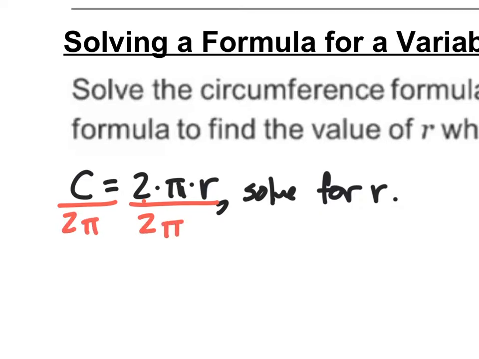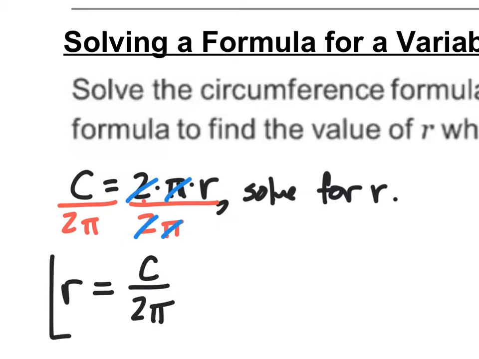Over here, the 2's divide out, the pi's divide out, and you're left with this literal equation that says your radius is equal to the circumference divided by 2 pi. And so this is my literal equation solved for r. When I solve for r, it's r is equal to something else.